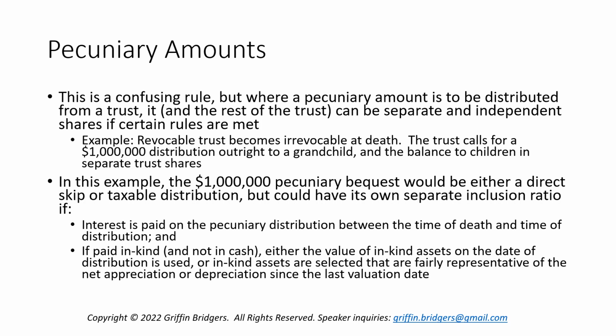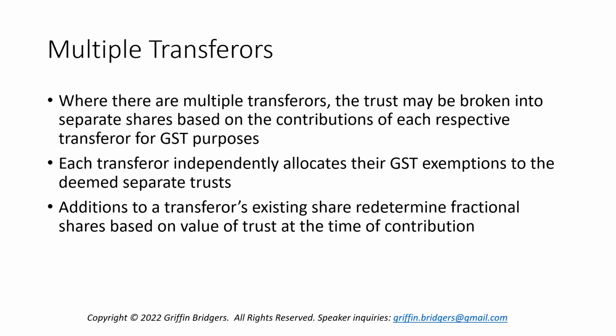So for example, if you're administering an estate, you get a date of death fair market value, and it takes you 15 months to get around to making this pecuniary bequest, then one, you have to accrue interest for those 15 months, and two, if you pay it in kind using the value as finally determined for federal estate tax purposes, you can't choose any asset. You would have to choose an asset that is fairly representative of the change in value since the date of death.